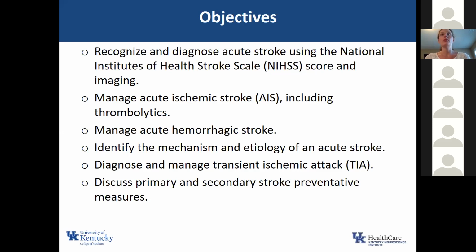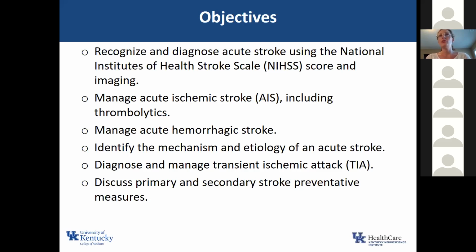I want to teach you how to recognize and diagnose acute stroke using the NIH stroke scale score, as well as looking at imaging and understanding what you're looking at and how it relates to the patient. And then also the management of acute ischemic stroke, the importance of timing and contraindications of thrombolytics, which would be IV TPA or tissue plasminogen activator.